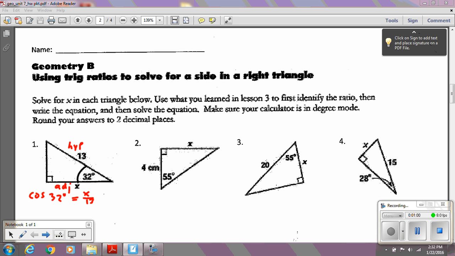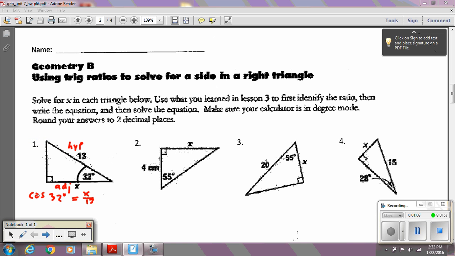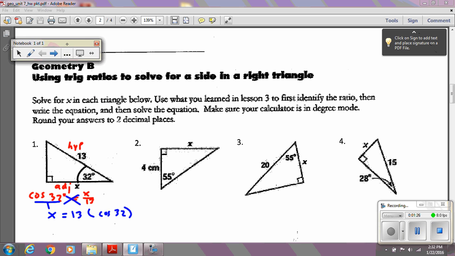And now I have to cross multiply. I'll put cosine of 32 over 1. And now I cross multiply, and that will give me x is equal to 13 times cosine of 32. So when I grab my calculator, I need to know what the cosine of 32 is.